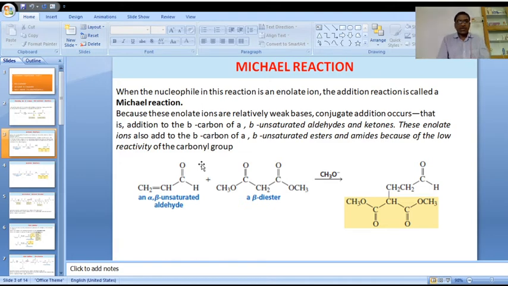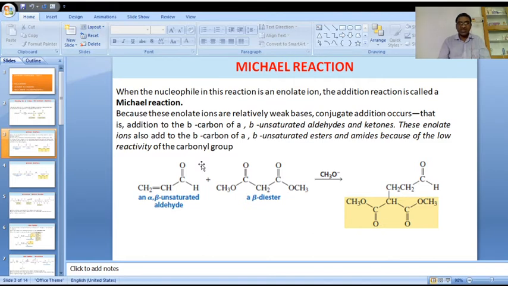When the nucleophile in this reaction is an enolate ion, this alpha beta unsaturated compound, on reaction with the nucleophile, generates an enolate ion as an intermediate.